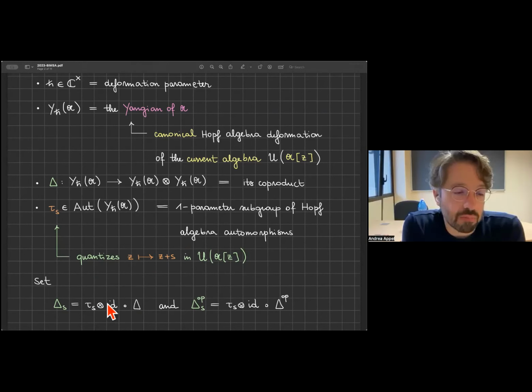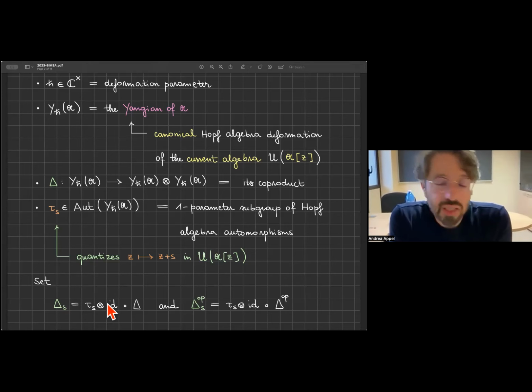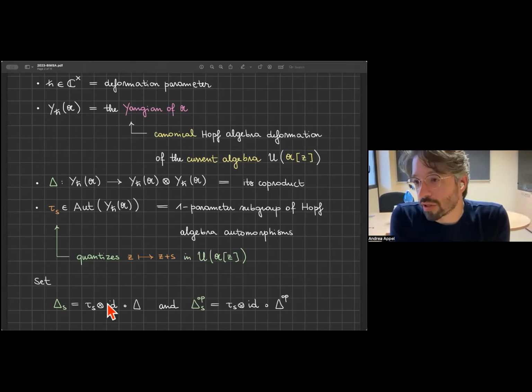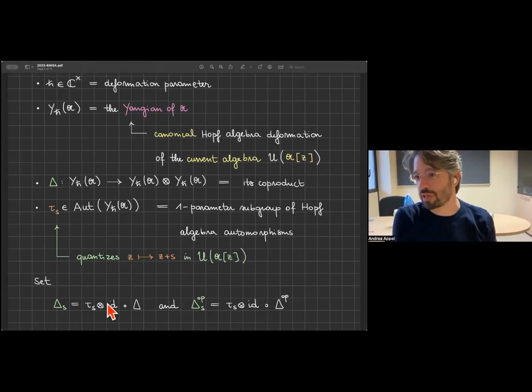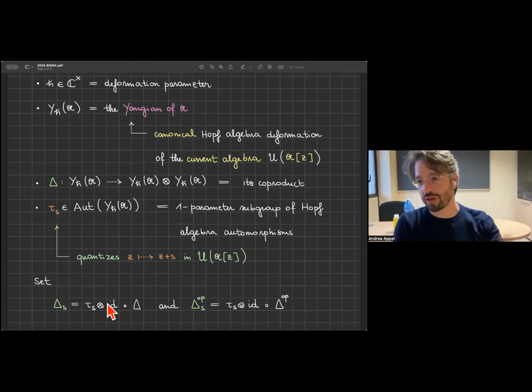Well, again, no, I think it's a little bit more complicated. In a certain sense, for the question you have in mind, if you consider Drinfeld's presentation of the Yangian, which is very much like a Kac-Moody sort of presentation, then you may use the diagram automorphism scheme and so on.